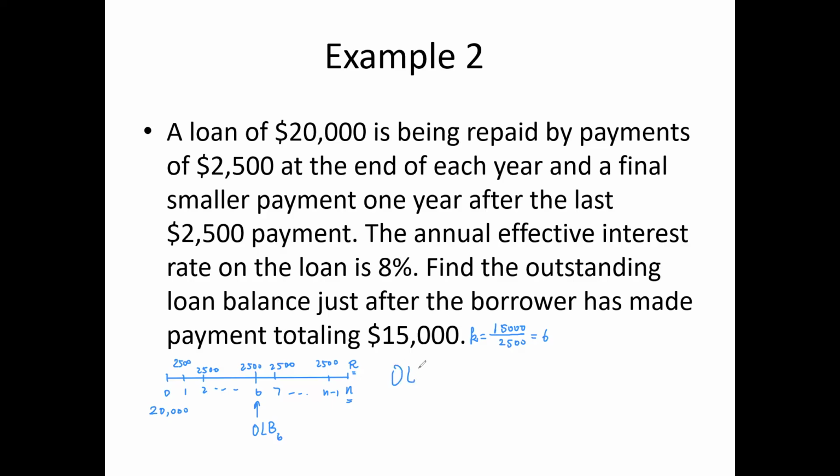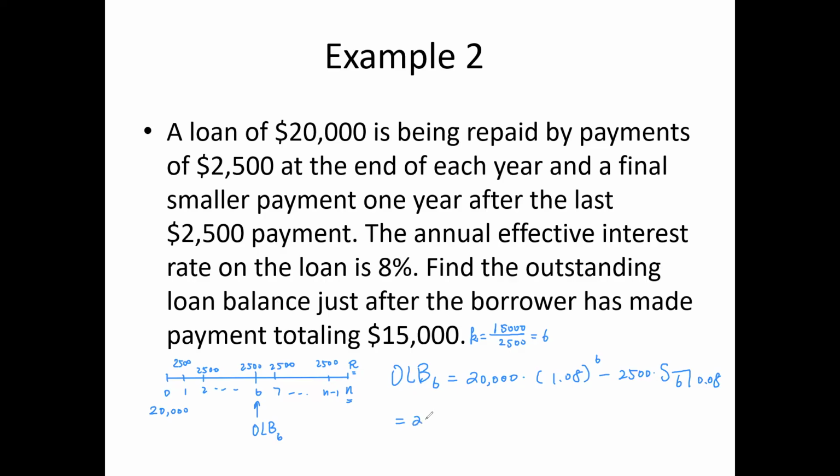So the balance equals the accumulated value of the loan, 1.08 to the 6, minus the accumulated value of the 6 payments paid: 2500 times s angle 6 at 0.08.